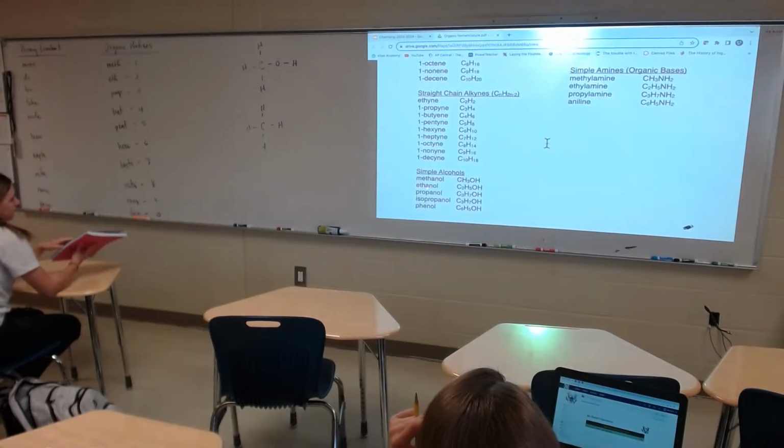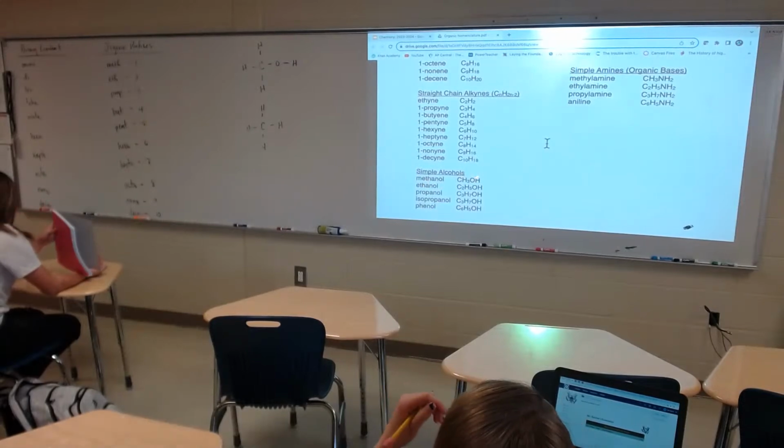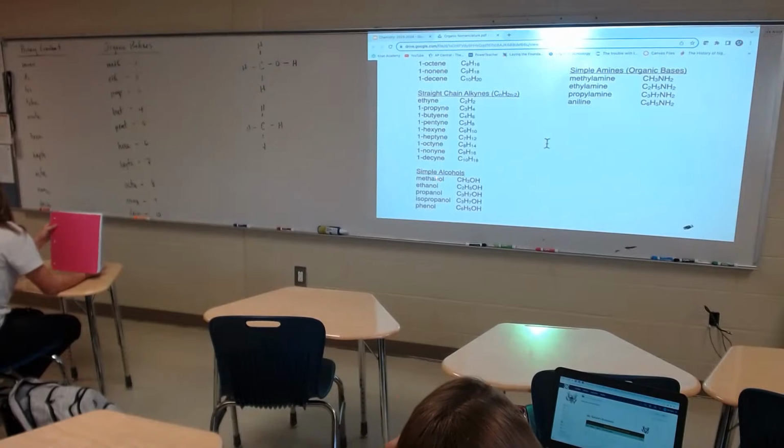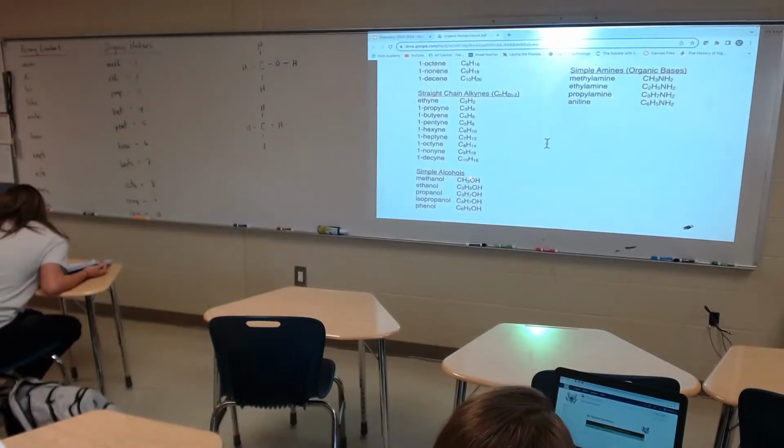Ethanol means 2 carbons, all single bonds, alcohol. What we do here is you take the formula for methane, which would be CH4, and you simply take one of the hydrogens and slide it over and put an oxygen in there. So there's still 4 hydrogens, carbon and 4 hydrogens, and an oxygen has just been added in.